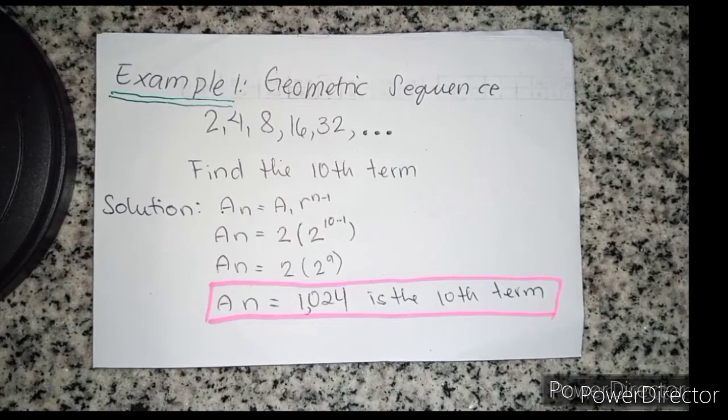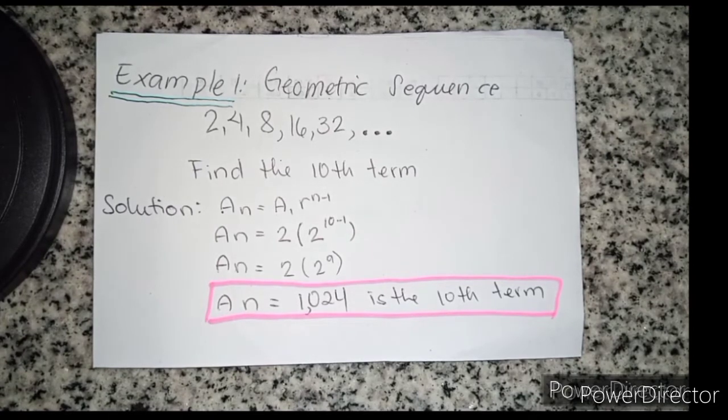So 2 times 2 raised to 9. First, 2 raised to 9 is equal to 512. Then multiplied by 2, we get 1024. So the value of the 10th term is 1024. Did you follow?